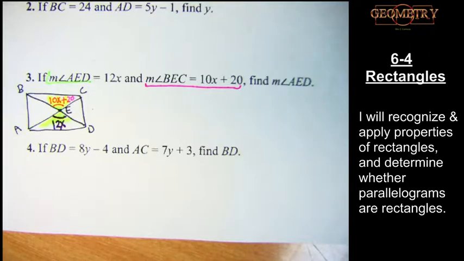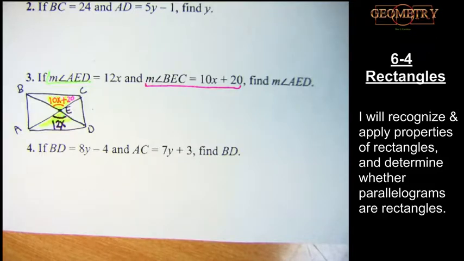Do these look a little bit familiar? When angles are set up like this, what do you think? Take a guess, even if you think you're wrong. Vertical. They are vertical angles.